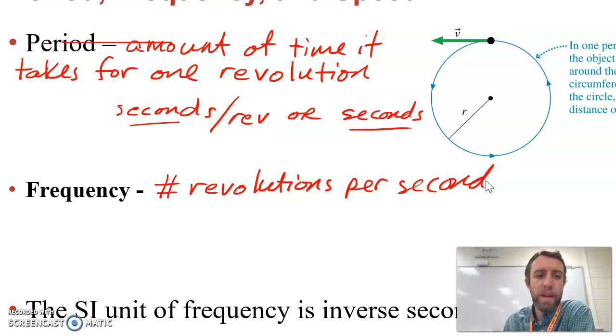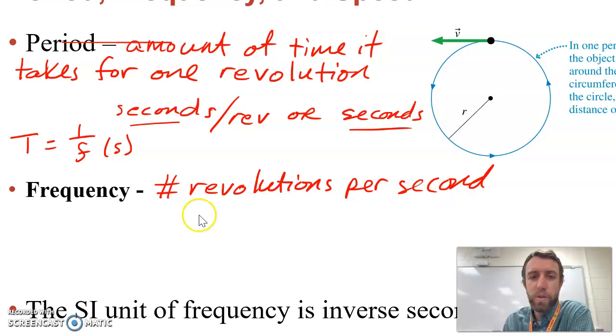All right, so it is the absolute inverse. So if you know the period, if you take 1 divided by the period, you will get the frequency. If you know the frequency, you take 1 divided by the frequency, and that will equal the period. So period, also I want to say, period is represented by capital T, and it is 1 divided by the frequency, right? Measured in seconds. Okay. Number of revolutions per second.